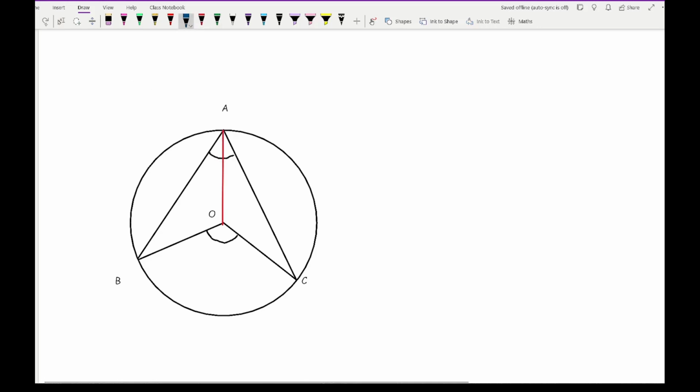Now if I let BAO equal x, if I just call this angle x, then ABO is also going to be x, and the reason for that is because triangle ABO is an isosceles triangle, because we've got two sides of equal length, because those two sides there are the radius. So this side here is going to be x.